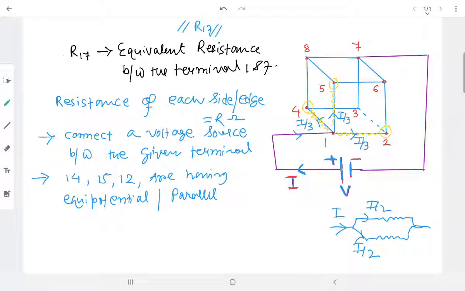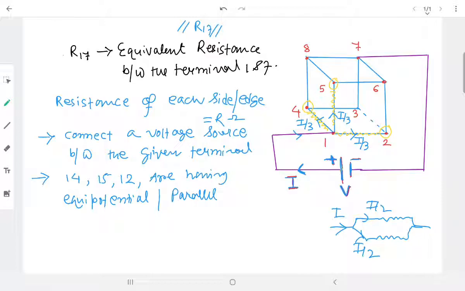But by looking at this circuit, we might be confused that their end points are not at one point. That means they are not connected across each other, still they are parallel. That is the important part of this question.